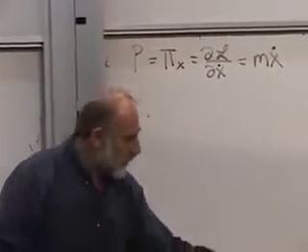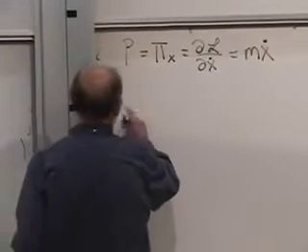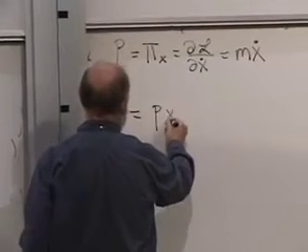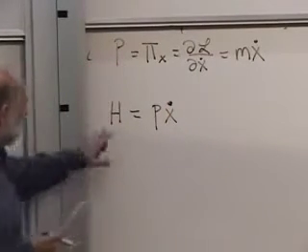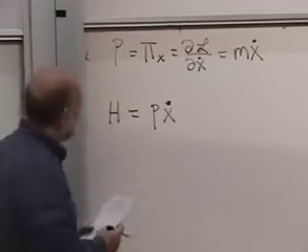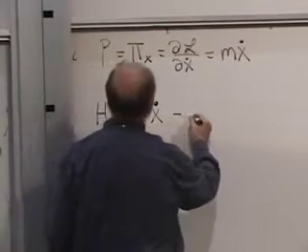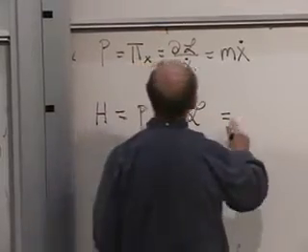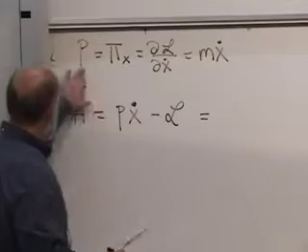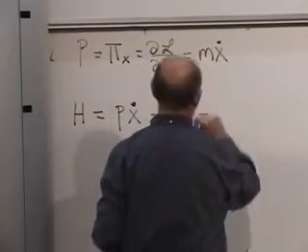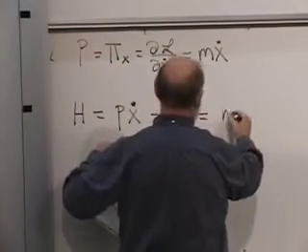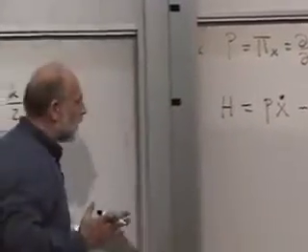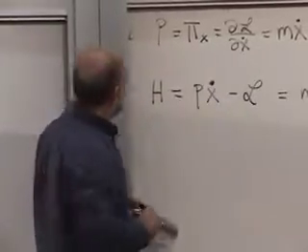How about the Hamiltonian? Let's work out the Hamiltonian. The Hamiltonian is p x dot, our usual thing, canonical momentum times velocity, minus the Lagrangian, minus L. And let's see, P is m x dot. So p x dot is m x dot squared, twice the kinetic energy, but now minus the Lagrangian.